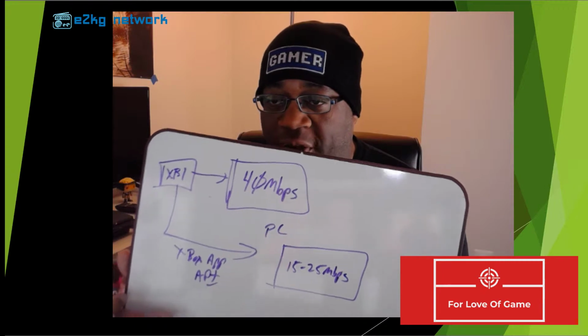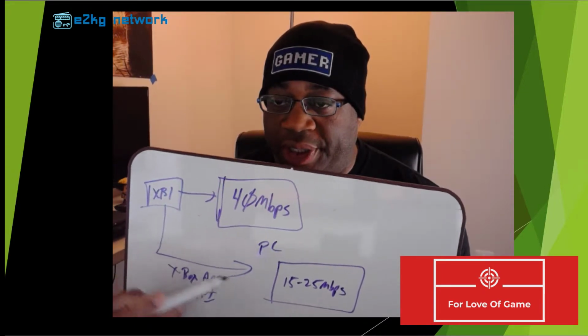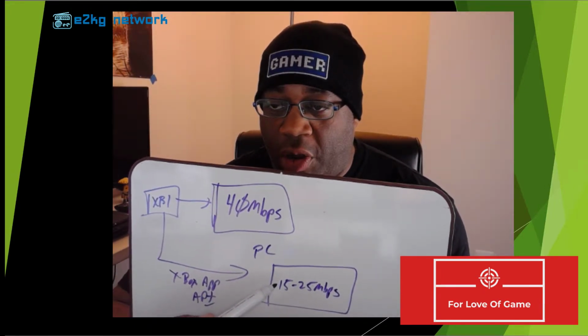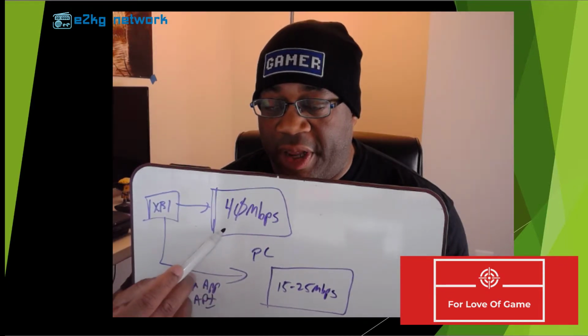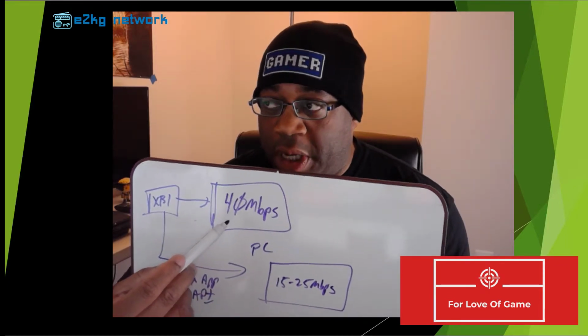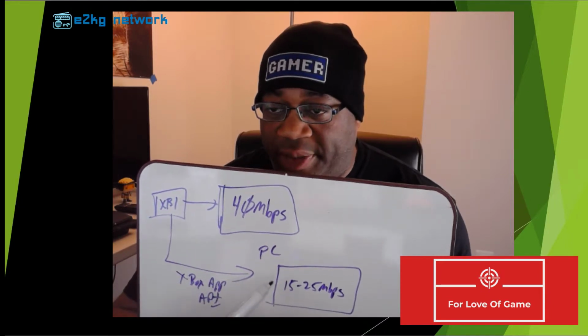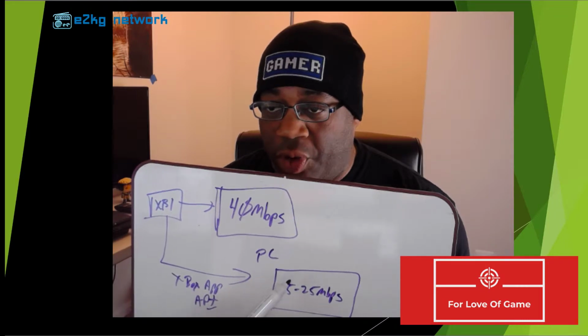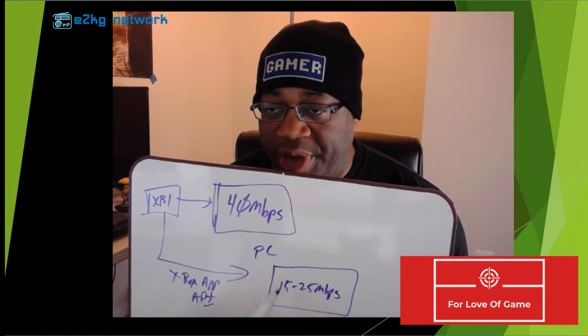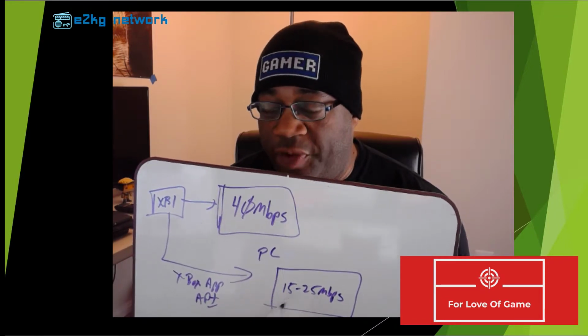So right off the bat, the image that you're going to see here is, in some cases, 50% of the image that you would see here. Now, the Xbox makes a decision on what this is, and it's a variable bit rate, so it's going to change minute to minute, second to second. You don't have any control over that.